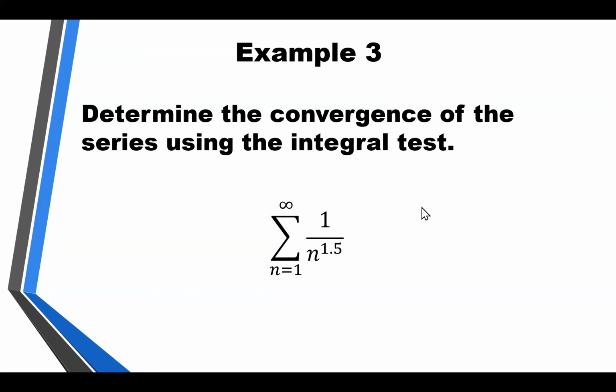So let's take a look at this one. This is an infinite series from 1 to infinity of 1 over n to the 1.5 power. We're going to figure out if this converges or diverges based on the integral test.